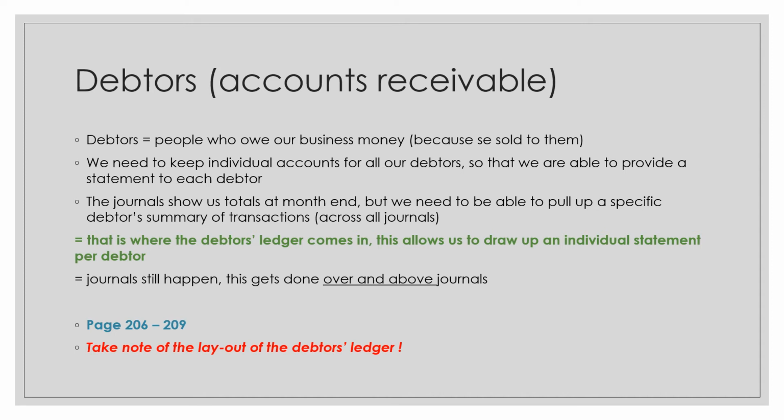They very much record all our transactions, but over and above the journals, we need to capture every debtor's transaction in their individual debtor's ledger. Okay, please go through page 206 to 209 in your textbook. Take note of the layout of the debtor's ledger, and there's also an activity that you can do on VC Learn relating to your debtors.